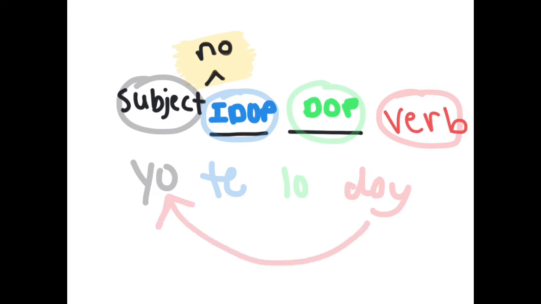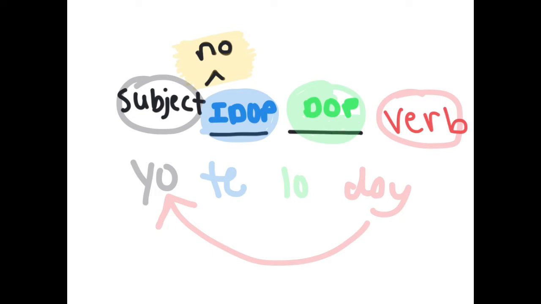And then you have the verb, which is just any conjugated verb, which could be doy in this case. And the conjugated verb will fit the original subject, and the IDOP will fit the indirect object pronoun, so the who, and the DOP will fit the what.